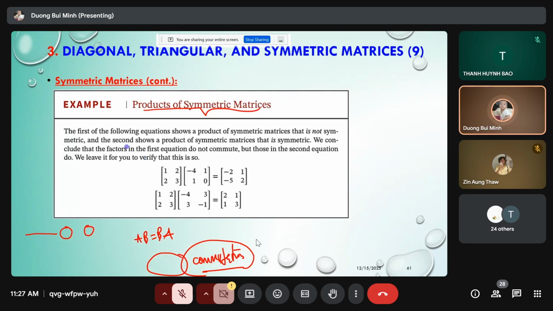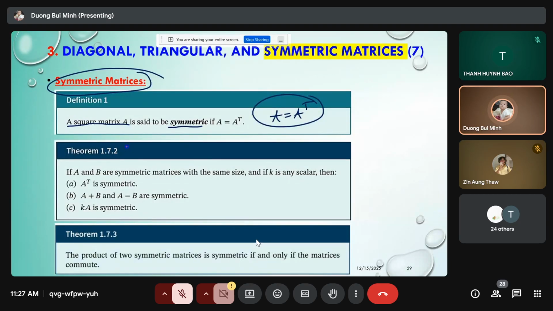So now look, we have a theorem. A product of two symmetric matrices is symmetric if and only if the matrices commute.